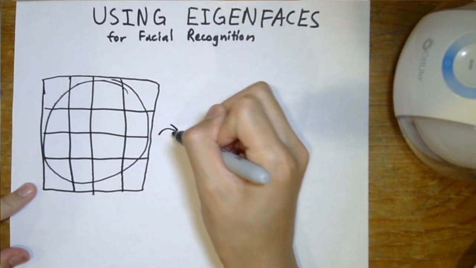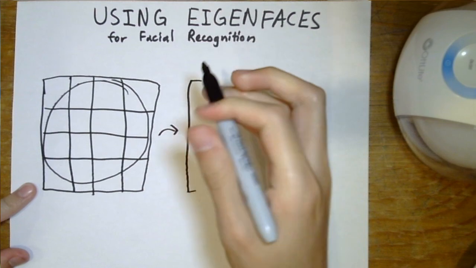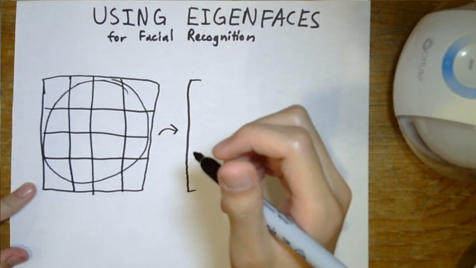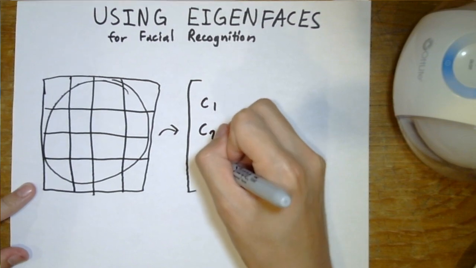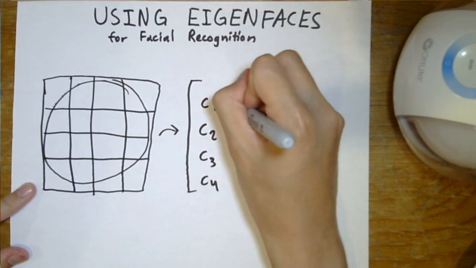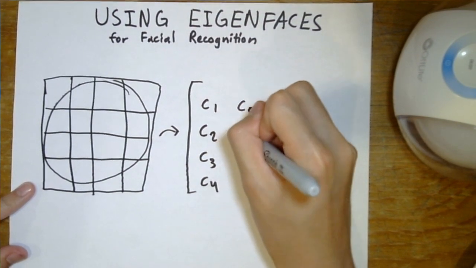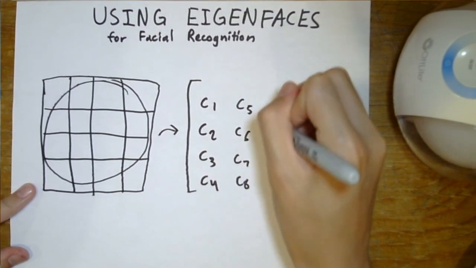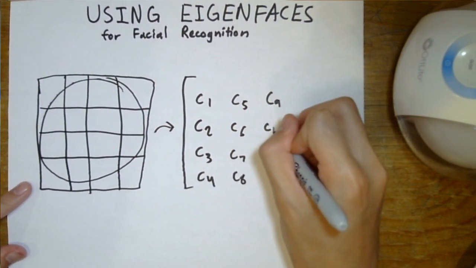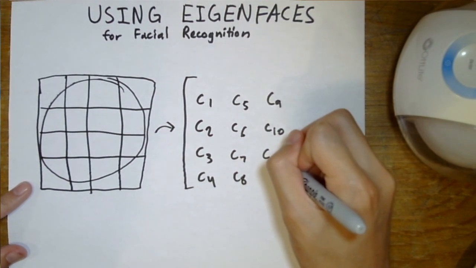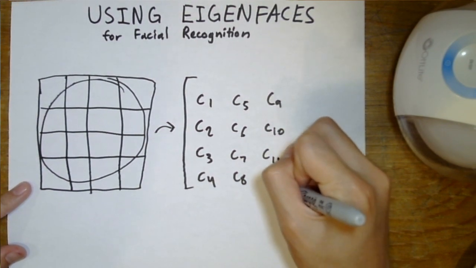So first of all, we're gonna write each RGB value as an entry in a 4x4 matrix. So this is gonna be like a triplet, let's say, of integers, in this case.